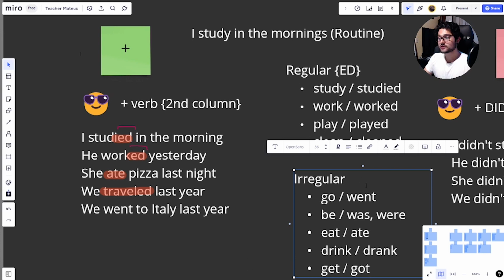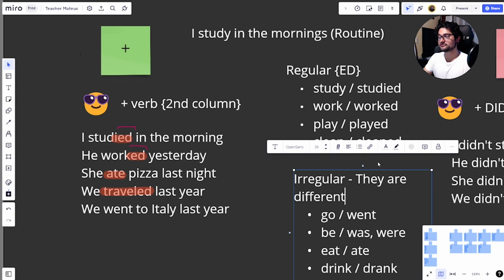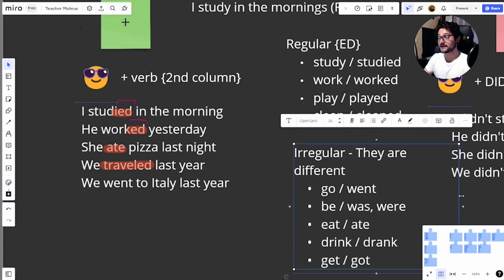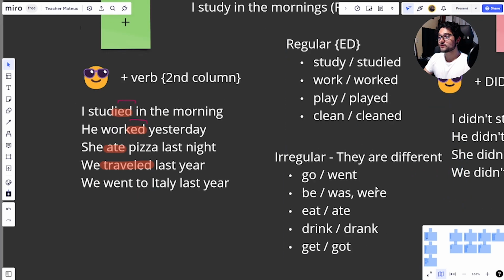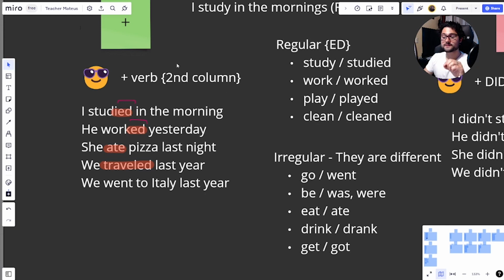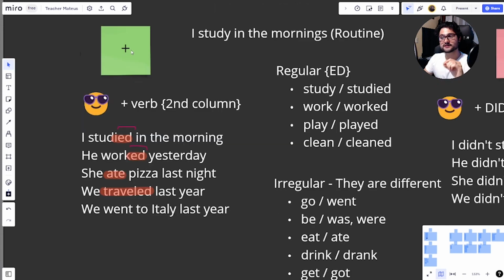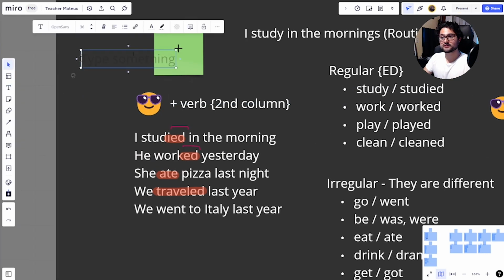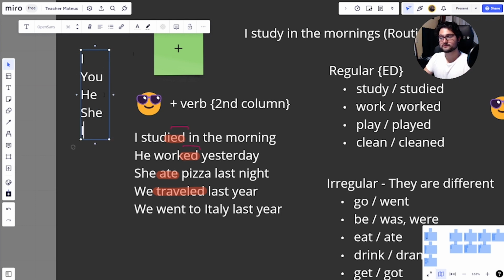That's it. So the irregular verbs, well, they are different. We modify them. And one interesting suggestion, guys, in relation to simple past and affirmative is that you have the subject. The subject can be, for example, I, you, he, she, it, we, and they, right?